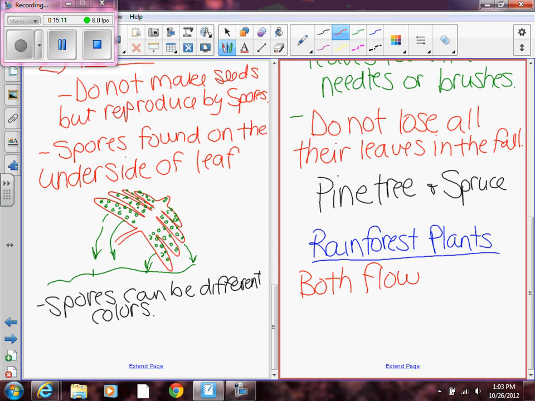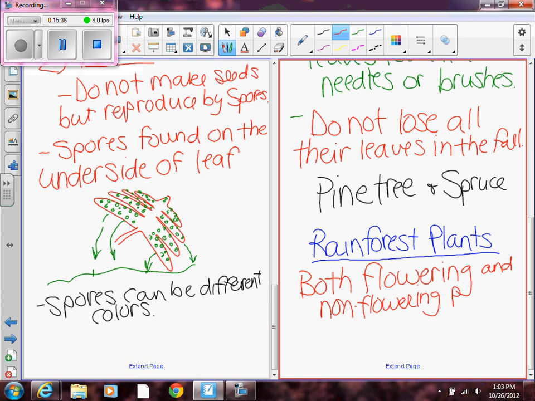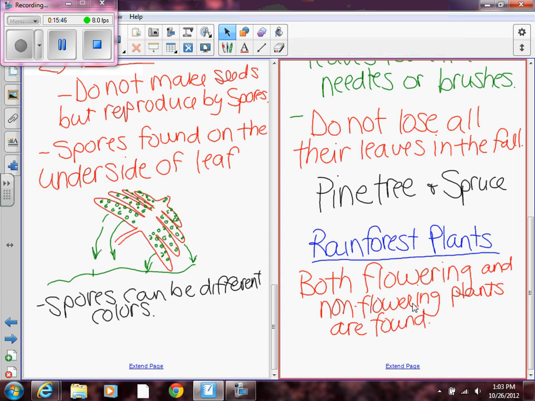Both flowering and non-flowering. All right.